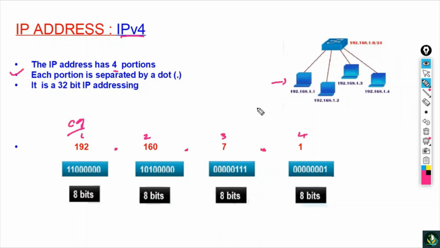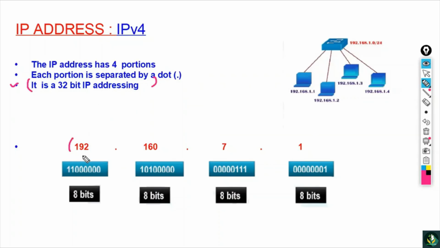If you take some more examples, we have 192.168.1.1. This IP address is assigned to this computer, and it has 4 portions, 1, 2, 3, 4, and each portion is separated by a dot here. And it has 32 bits. So each IP address has 32 bits.